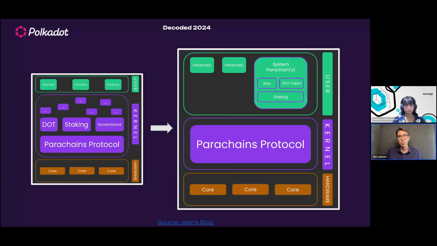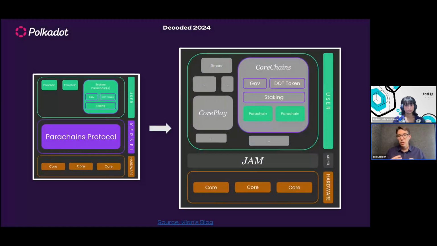So if we look at how this works right now, we have this parachains protocol that is built in to the system and is running as the main kernel, if you will, just like an operating system kernel, and allows parachains to run on top of it.